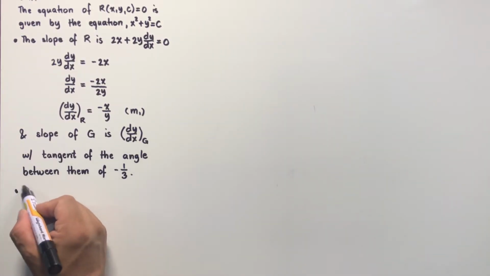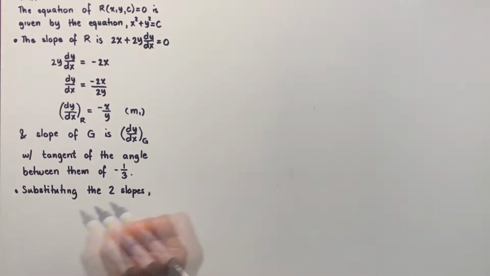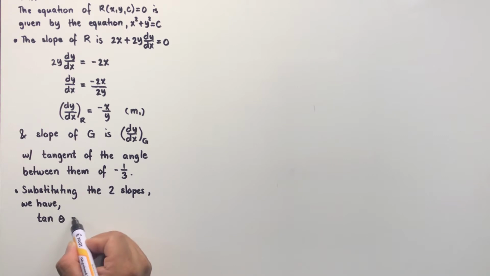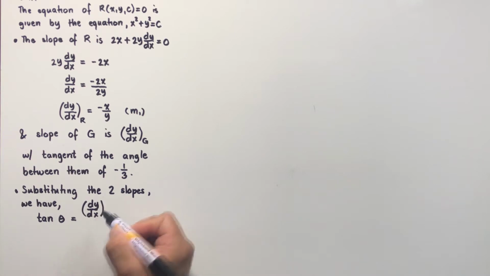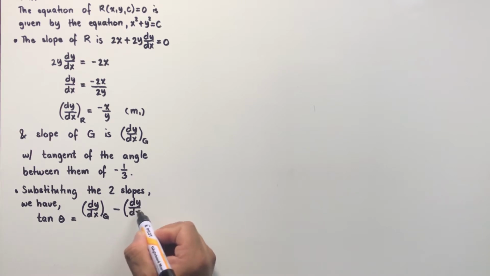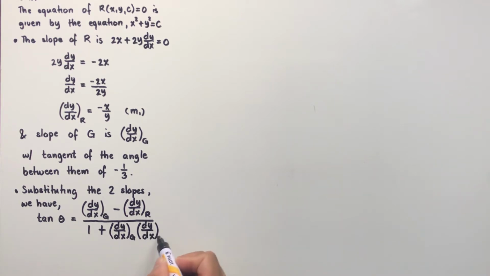So substituting these two slopes, we have this tangent theta, which is equal to the slope of the unknown family of curves minus the slope of the given family of curves divided by 1 plus the product of these two slopes, the slope of the unknown family of curves and the slope of the given family of curves.